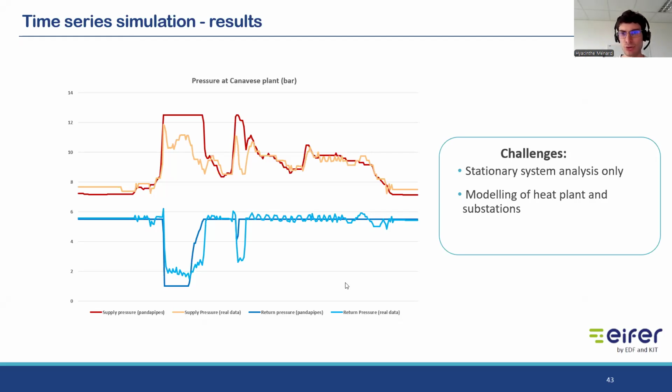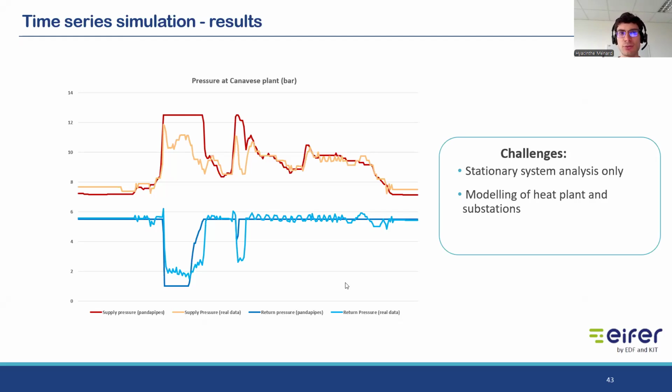And I would like to show some of the challenges that may explain these differences. First, it may be due to the data that I've used in order to create, for example, my pressure controller, that may not reflect exactly how the real system is operated. Also, a limitation for now of pandapipes is that you can manage only stationary system analysis.